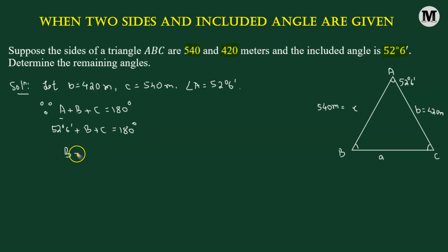So B plus C is going to be equal to 180 degrees minus 52 degrees and 6 minutes. So angle B plus C comes out to be 127 degrees and 54 minutes. Now let this be our first equation, equation number 1.